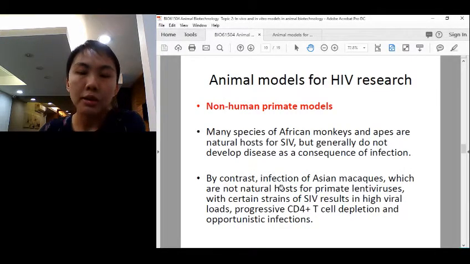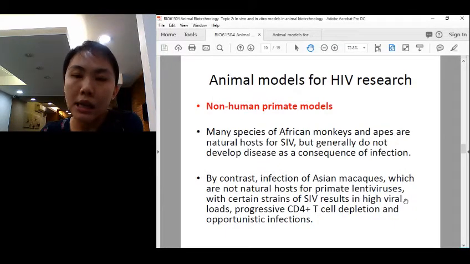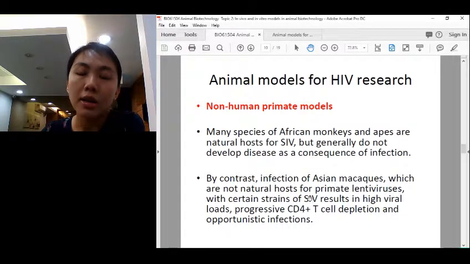In fact, the researchers found that when these Asian macaques are infected with a closely related strain of HIV called SIV, simian immunodeficiency virus, it results in characteristics that are very similar to what we see in HIV patients in humans. Hence, they have developed this non-human primate model by using a closely related HIV strain called SIV.